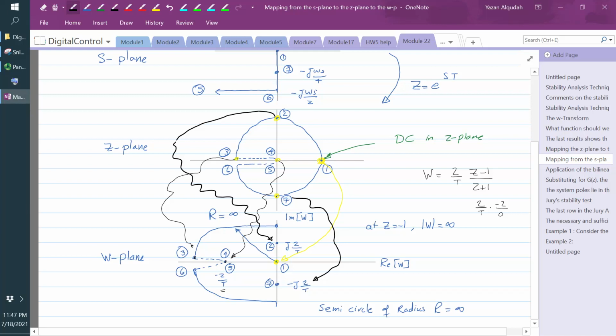And everything that is inside the unit circle is going to map to inside the semicircle in the W plane.